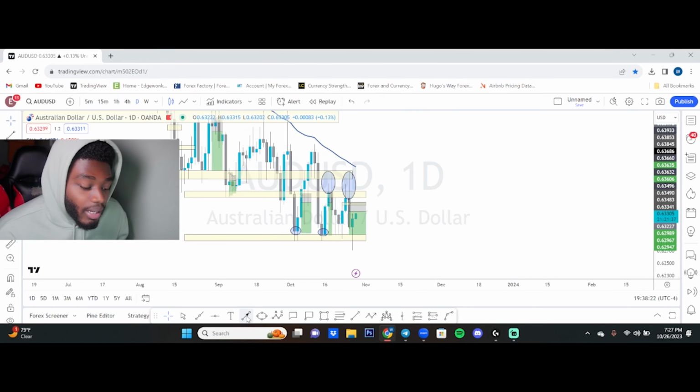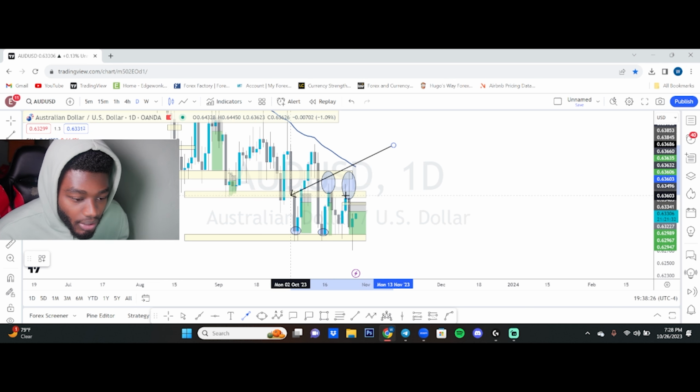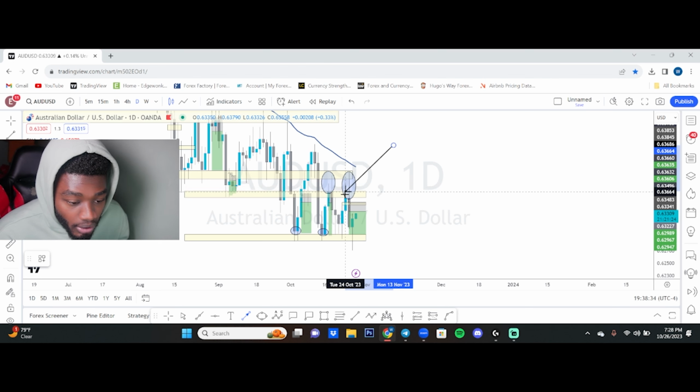I identified that price has been having trouble breaking past this area of resistance. Price tried breaking it 1 day right here, 2 days right here, 3 days right here, and 4 days, 4 days out of the month.